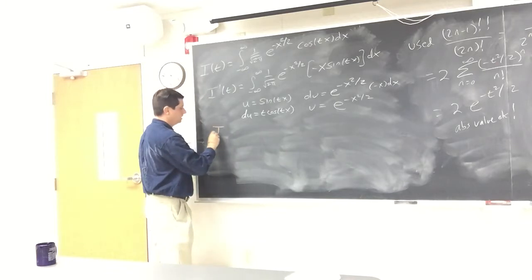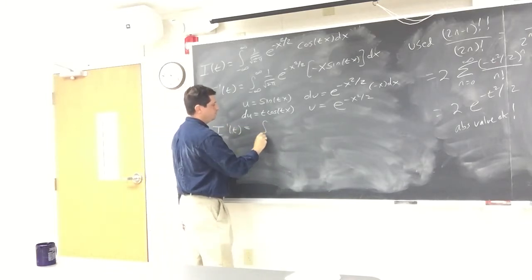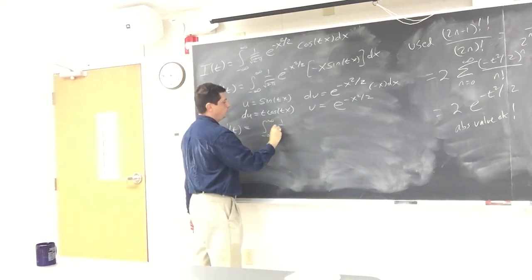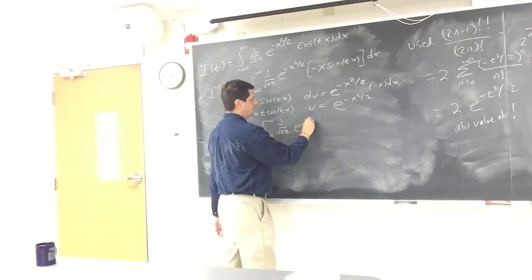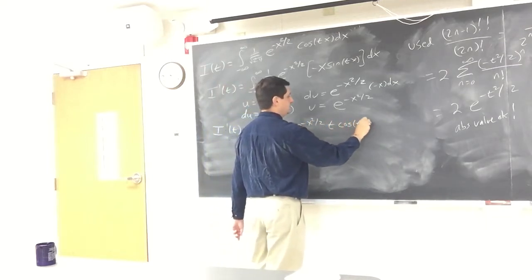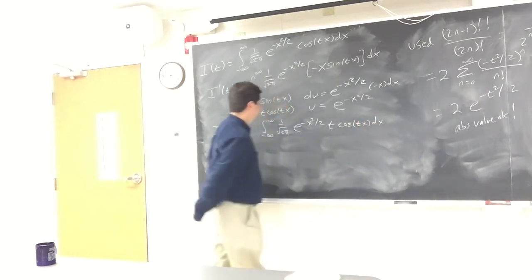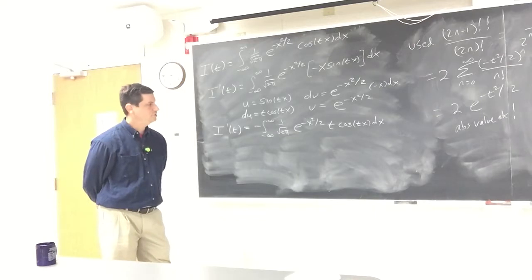So I get I prime of t is going to be the integral from minus infinity to infinity, 1 over square root of 2 pi, e to the negative x squared over 2, t cosine tx. And there's a minus sign. What should I do now?